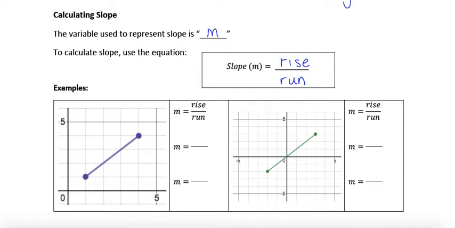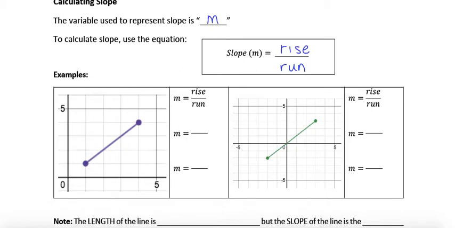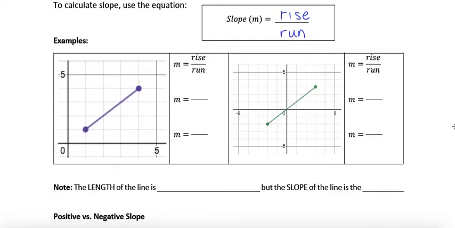Let's do a couple of examples to review how we use a graph to figure out the slope of a line. If you're a visual thinker, sketch out what the triangle would be if you were to turn this straight line into a triangle. I've done that with this example on the left-hand side.